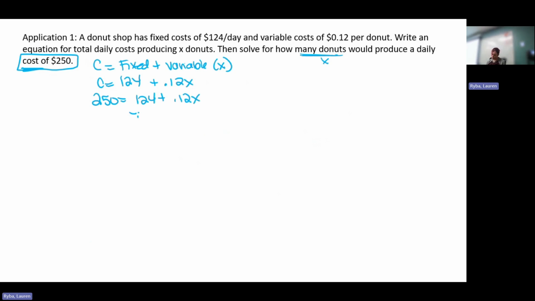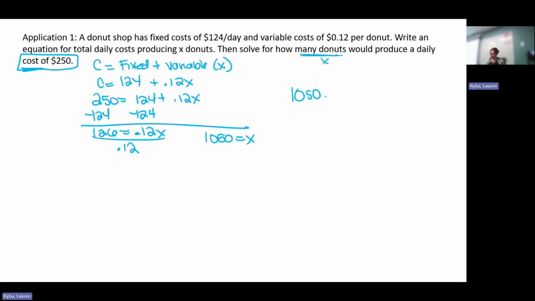So subtract 124. What is that, 126? Equals 12 cents x. And if I divide by 12 cents, you would just grab a calculator. You'll get 1,050 equals x. So 1,050 donuts.